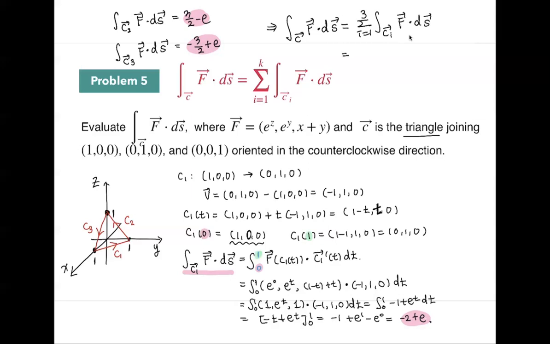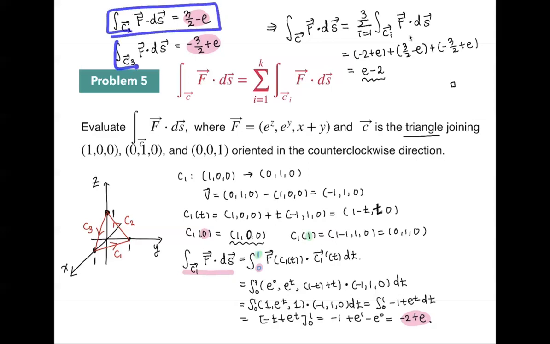So along the C1 curve, we get minus 2 plus e. Along the second curve, 3 over 2 minus e, plus minus 3 over 2 plus e. So e minus 2 is the answer. I skipped the calculation here, but you can check it, okay?